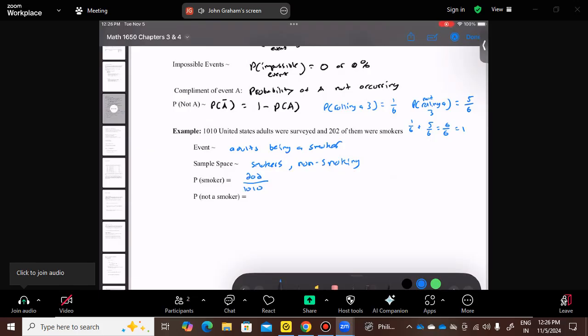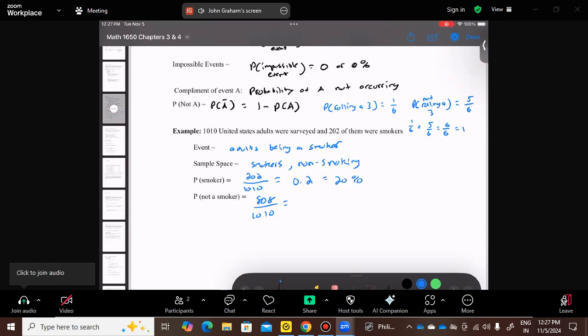The probability of not being a smoker: 202 of them were smokers, so 808 of them were not. So it's 808 out of 1,010. Now we can do the math. If we divide 202 by 1,010, you get 0.2, which can be written as 20%.